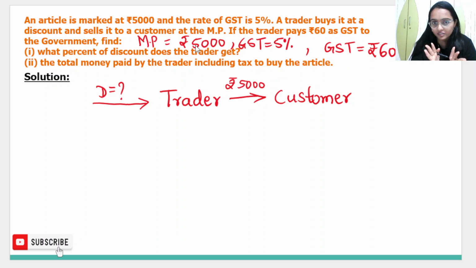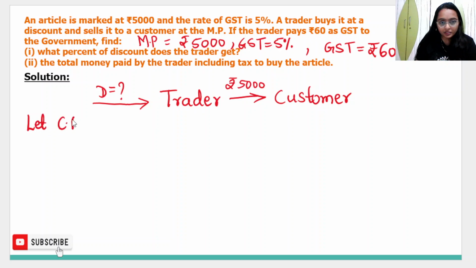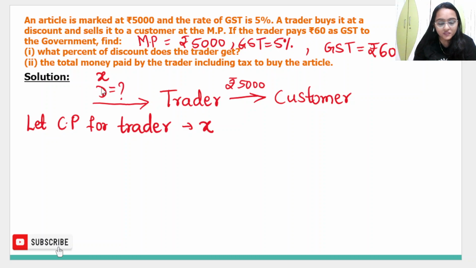So for this scenario, we will calculate output GST and input GST in terms of X, because we don't know the value at which the trader had bought the item. So first of all, we will assume the cost price for the trader be X. Suppose he has bought the article at rupees X. For input, we are calculating GST.